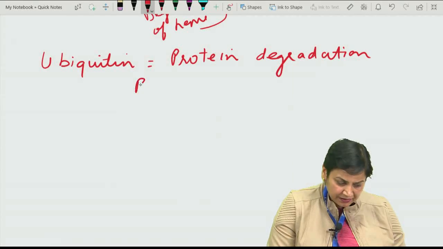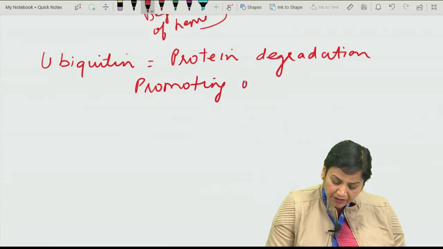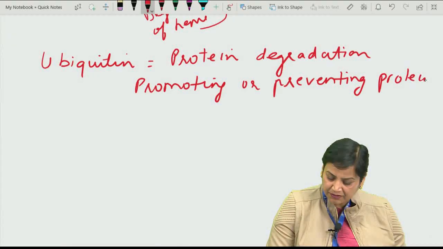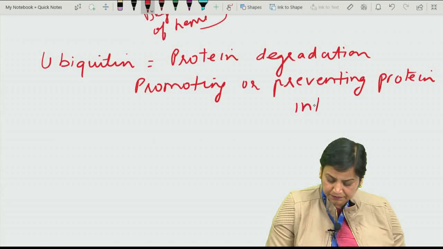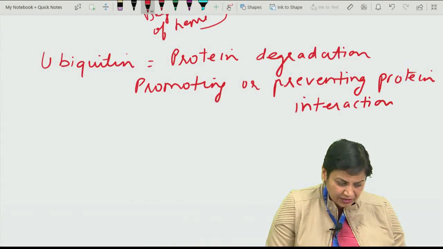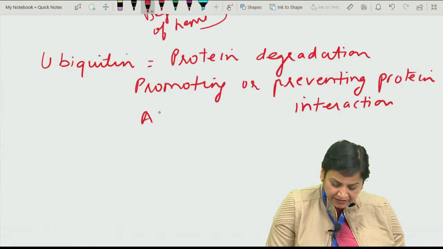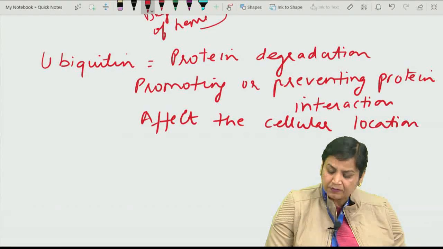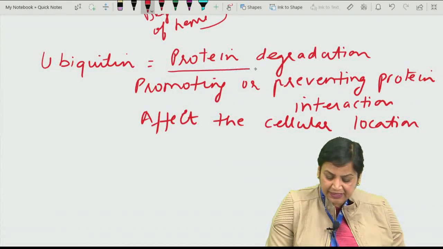It also helps in promoting or preventing protein interaction, and another important feature is that it can affect the cellular location of the protein. Overall, it is degrading protein.